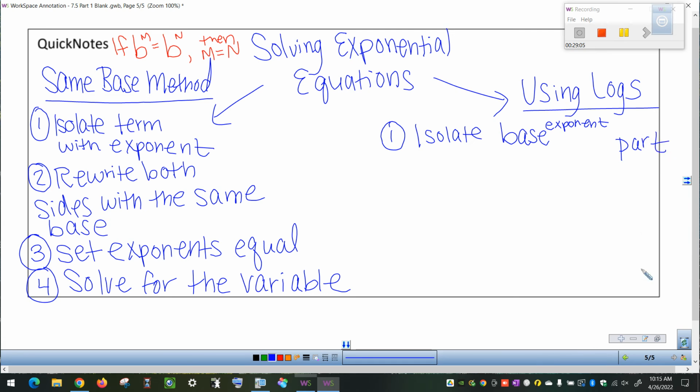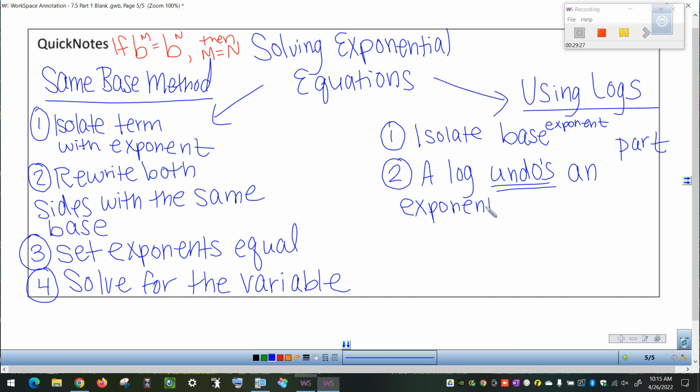In other words, isolate the term with an exponent, just writing it out a little different way. And then what we saw is that a log undoes an exponential with the same base.